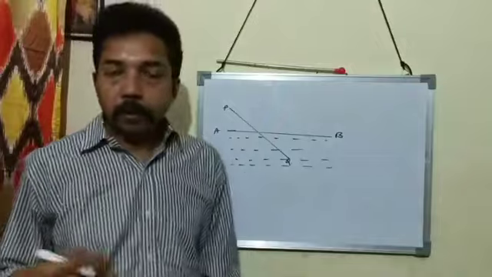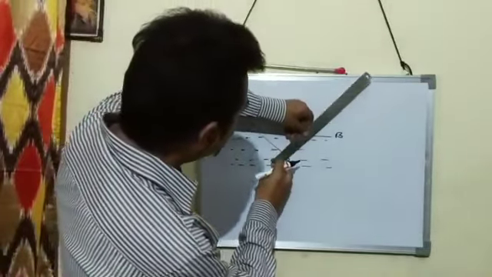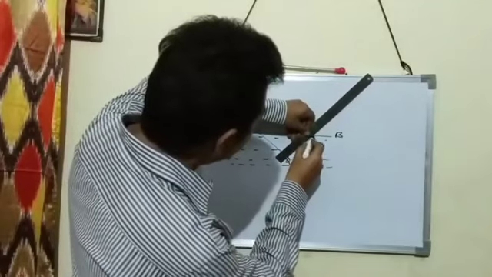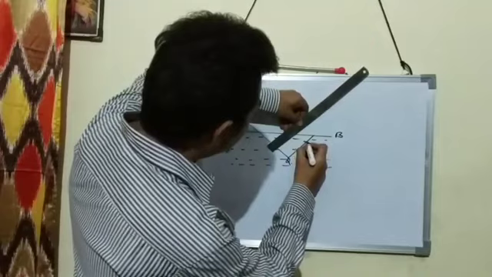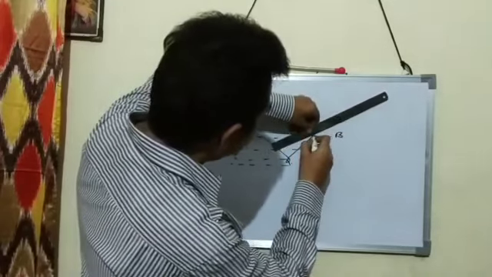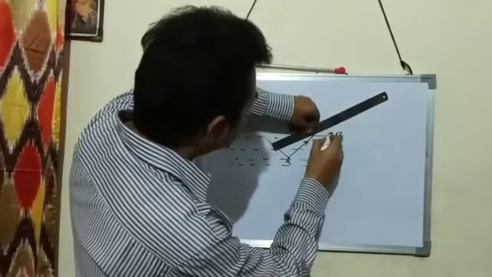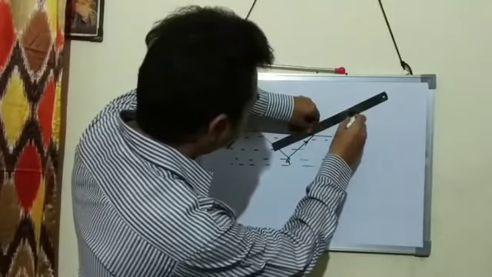Now, in order to draw the ray diagram, from the point Q I draw two incident rays. The ray of light goes from denser to rarer medium, so it moves away from the normal.